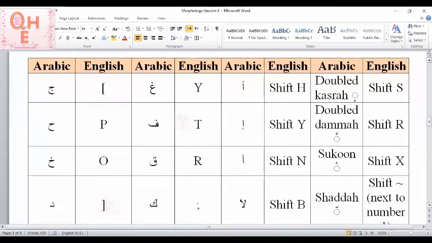This is another table. You can see there are Arabic letters, and there are special signs also, like if you have Hamza on top of Alif, Hamza below Alif, then the Madd sign. Then you have, for example, Dhammatain, and how to type Shadda.